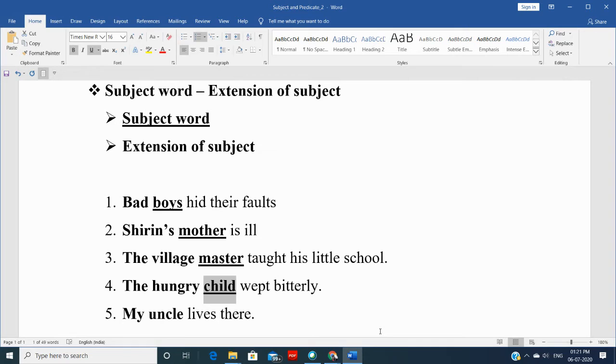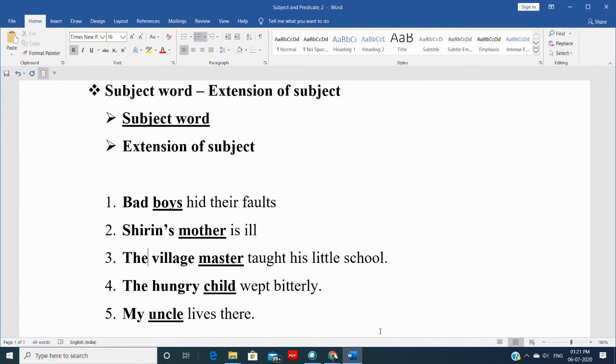Your sentence would not make any sense without the subject word. So it's very easy to find the subject word. All right, so the subject word is part of your subject. "My uncle lives there." Again, uncle is your subject word, because "My lives there" is not making sense. "Uncle lives there," yes, this is the important part of your subject.